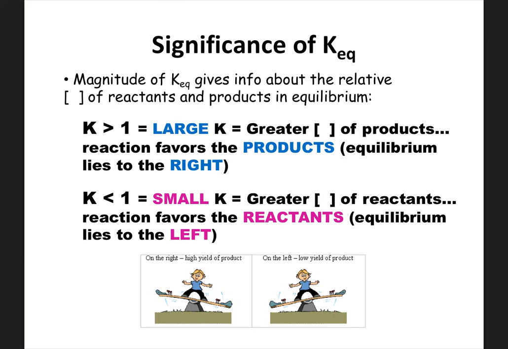Remember, if you do products over reactants, the only way you get a K less than 1 is if you had a greater number on the bottom, or more reactants here. So you definitely need to understand this idea. You need to be able to look at a K value and realize if it's greater than 1, the products are favored, or if it's less than 1, the reactants are favored. And if you use your understanding of the equilibrium constant expression, this should really make sense here.